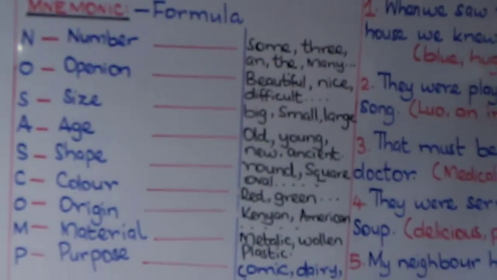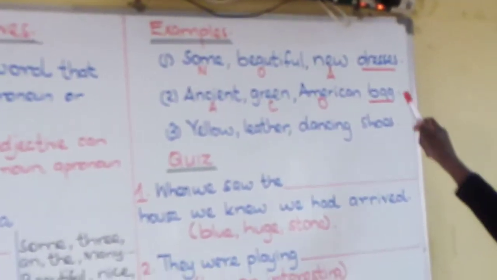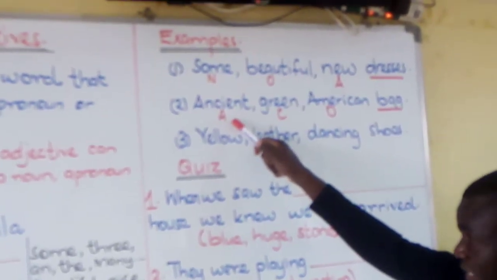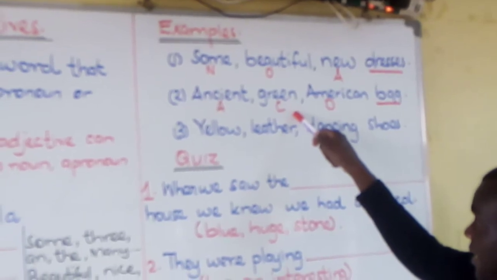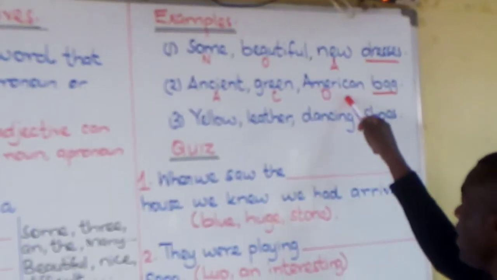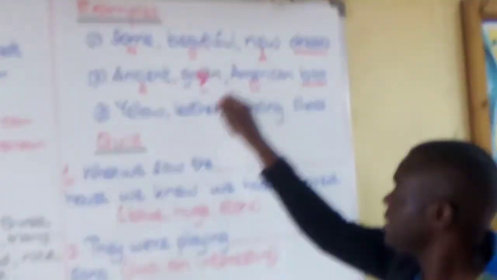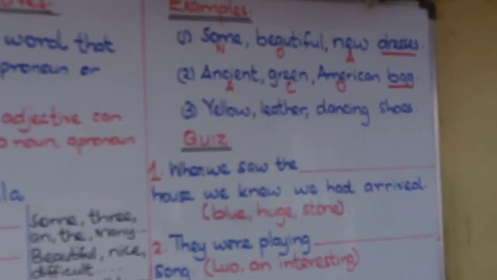Origin. Look at that. That means this bag is old and its color is green and it was made in America. Age, color, origin. Correct.